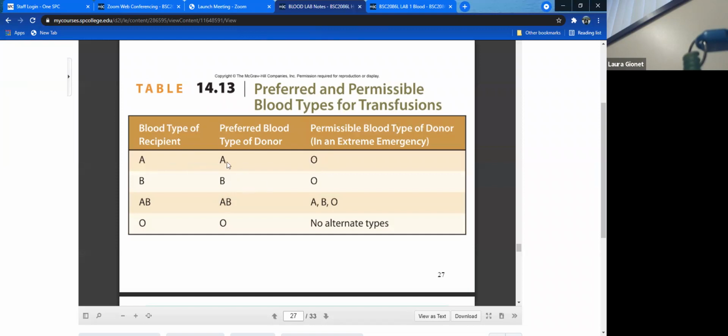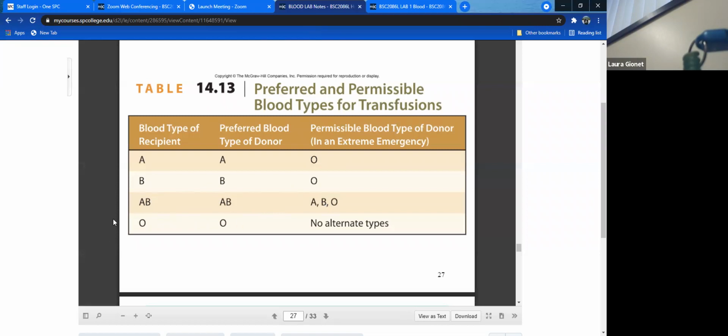Because A has A antigens only on the surface, just like you do, and type O has neither A nor B. So even if a blood type A person is making B antibodies, there's nothing to bind to on the red blood cell surface of a blood type O. And the same for B: B can receive from B and O. If you're AB, then your preferred donor is another AB. But in some circumstances, you can transfuse an A or a B or an O.